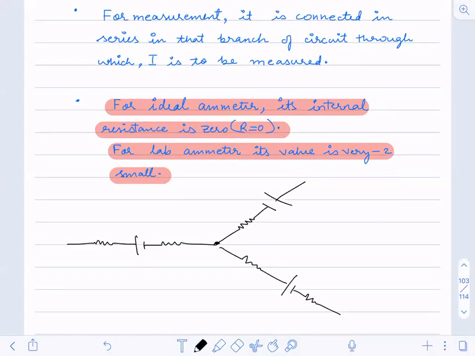Yes or no? Do you remember? I gave you a question like this, and I had given you that 5 ampere is flowing here, 2 ampere flows here, and 3 ampere flows here.